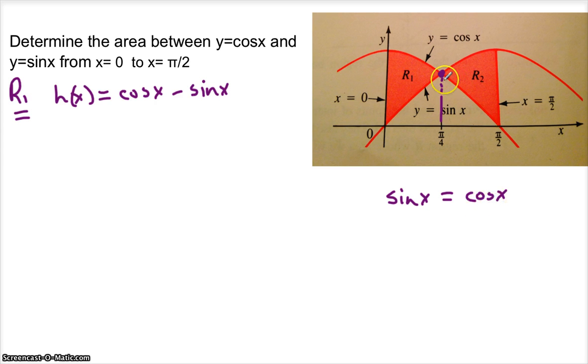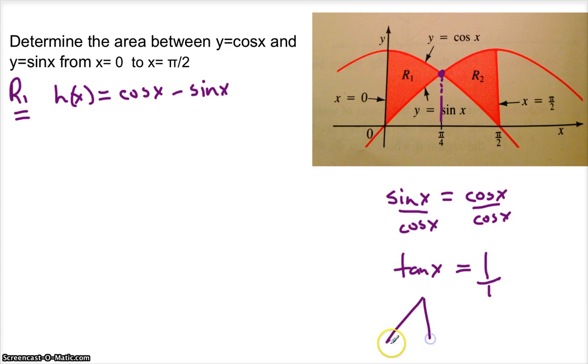One way you can do this is divide both sides by cos x. And cos of x is not going to equal 0 in this interval, so we can do this. And that'll be 1. And sine x over cos x is tan x. With a calculator, you just take the tan inverse of 1. But without a calculator, you would write this as opposite over adjacent and draw your special triangle.